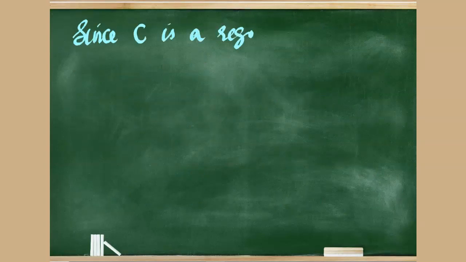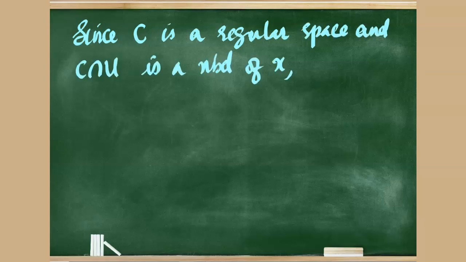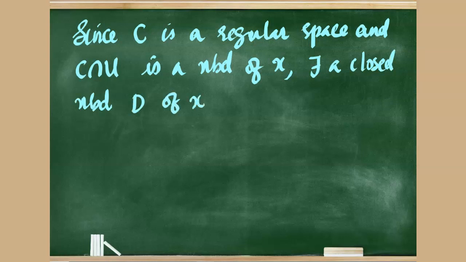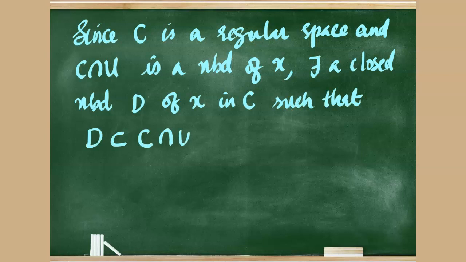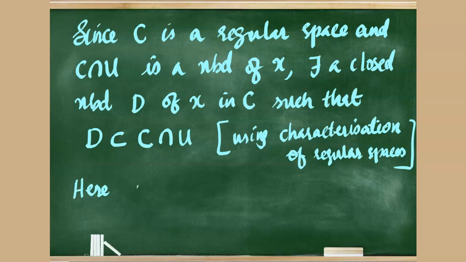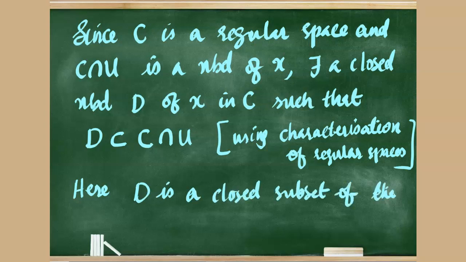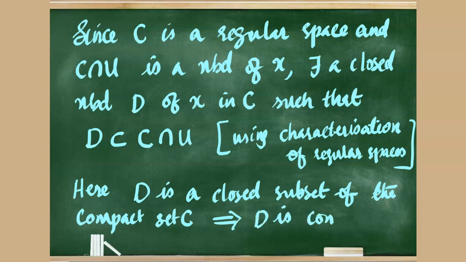Since C is a regular space, by a characterization of regular spaces, there exists a closed neighborhood, say D, of the point small x in the subspace C, such that D is contained in the neighborhood C intersection U. Here note that D is a closed subset of the compact set C, hence D is also compact.